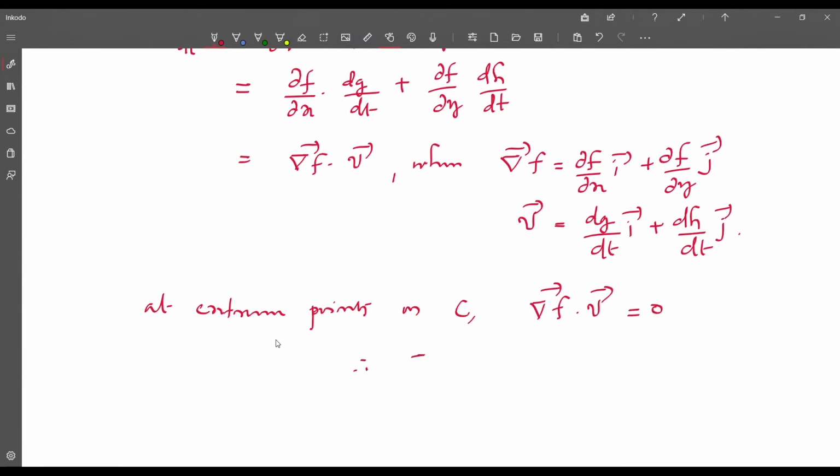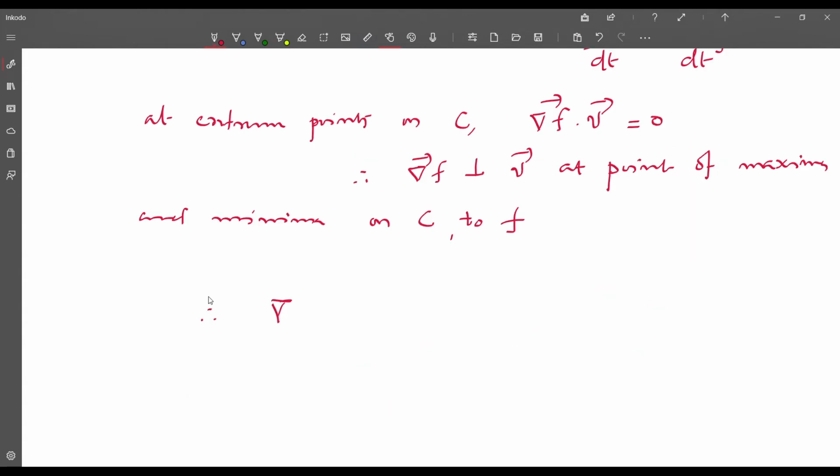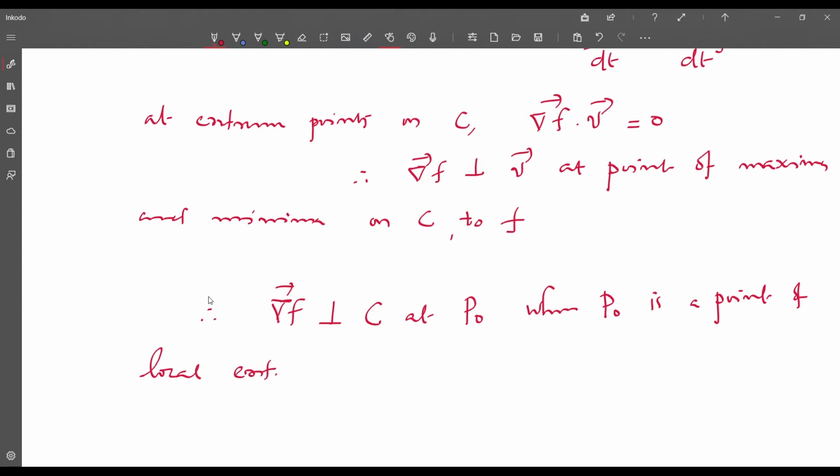Therefore, del f is orthogonal to v at points of maxima and minima on C. Therefore, del f is orthogonal to C at P naught, where P naught is a point of local extrema. So this proves that corollary.